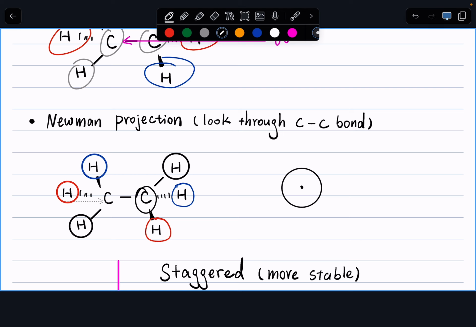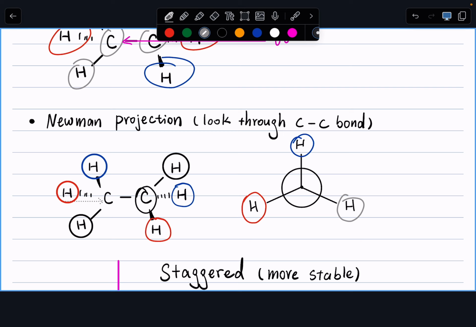On this front carbon, you can imagine one hydrogen coming out to the top, and the other two coming out this way. Using my color coding, all of them are hydrogens. So the top one will be a blue one, this one will be a red one, and this one will be a white one.